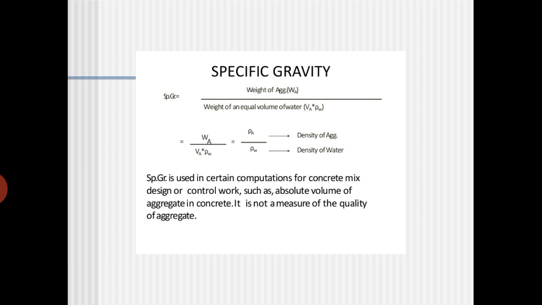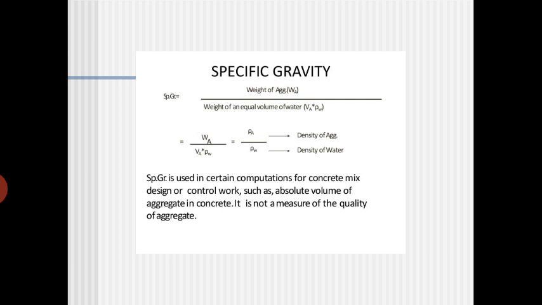The similar way we will find out the specific gravity of the aggregate also. So the specific gravity of the aggregate is equal to the weight of the aggregate, in place of the density of whatever fluid or water you are measuring, divided by the density of the standard fluid, that is water.